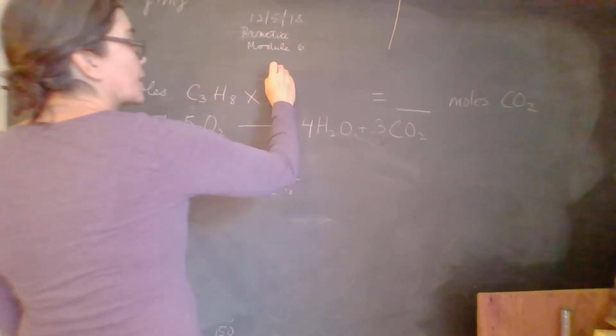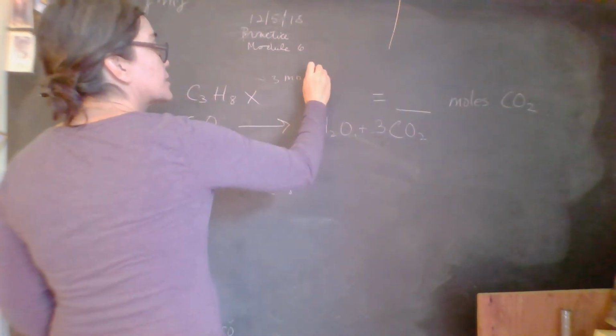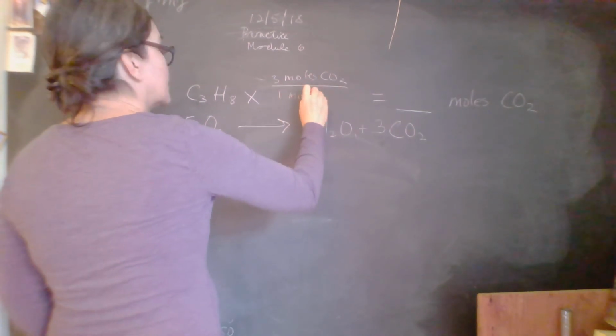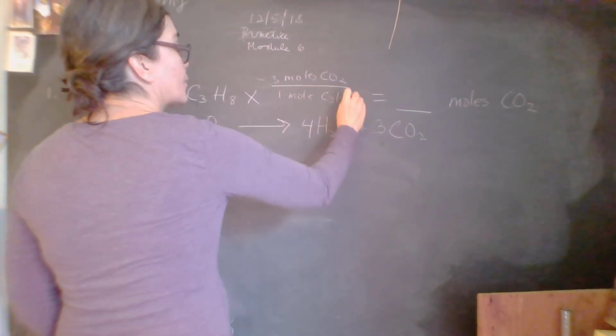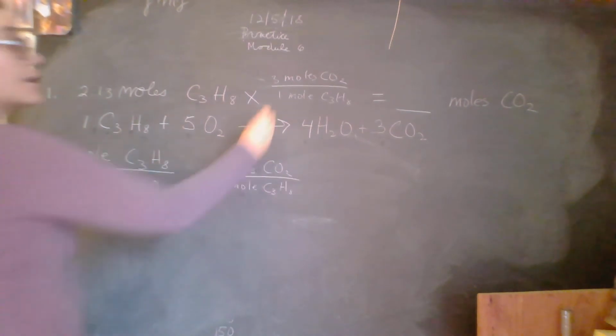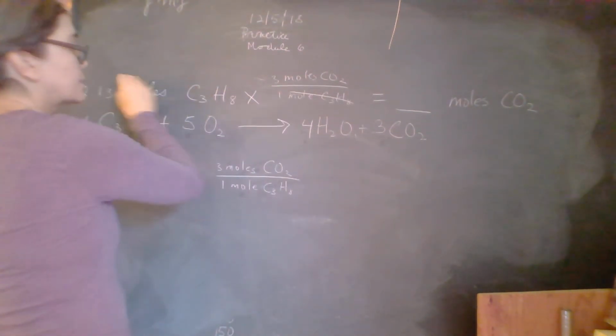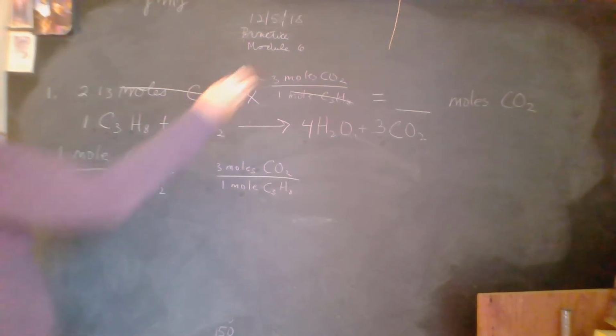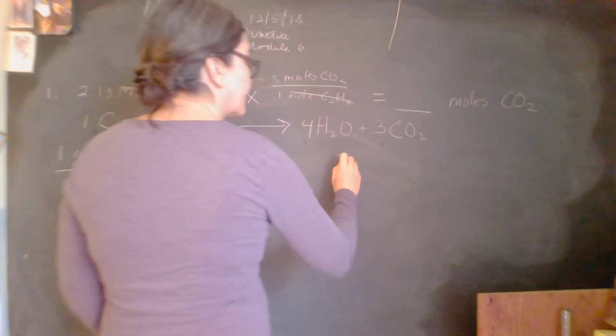So we're going to multiply by 3 moles of CO2 per 1 mole of C3H8. Because we set it up correctly, our units will cancel, which is what we want. So now we have 2.13 times 3. This is an easy math problem.